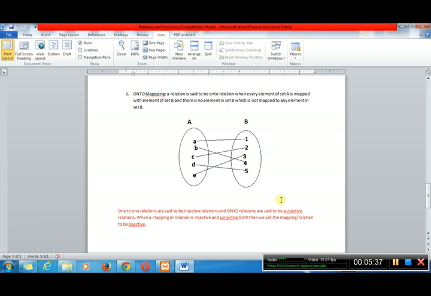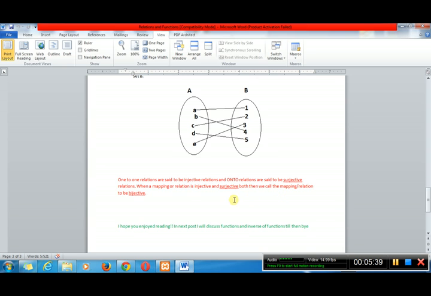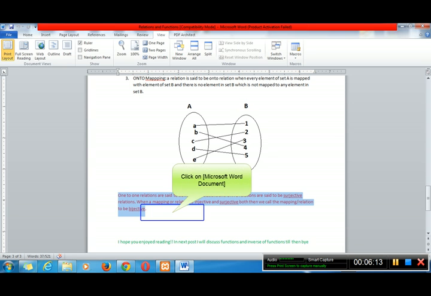So this is essentially onto mapping. When a function has onto mapping, we call that function a surjective function.